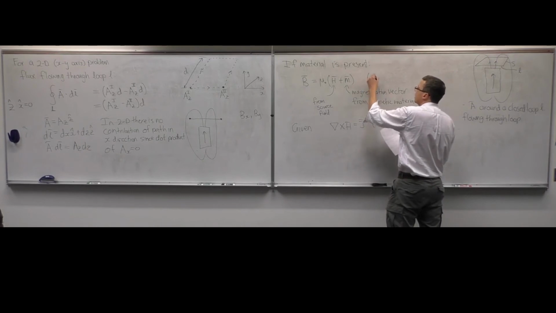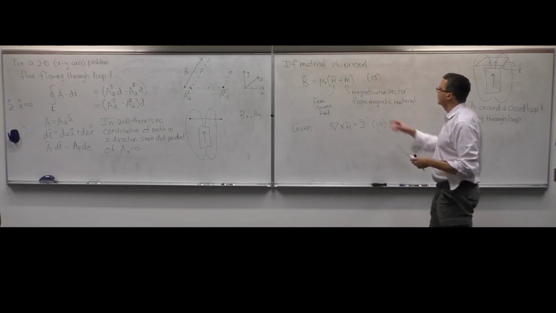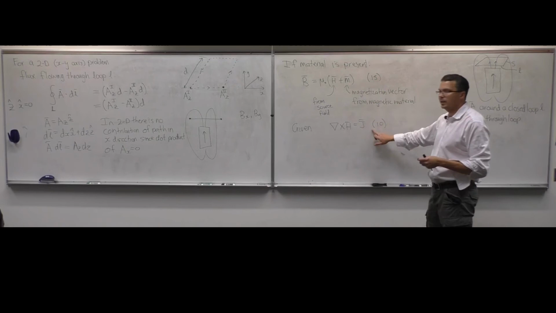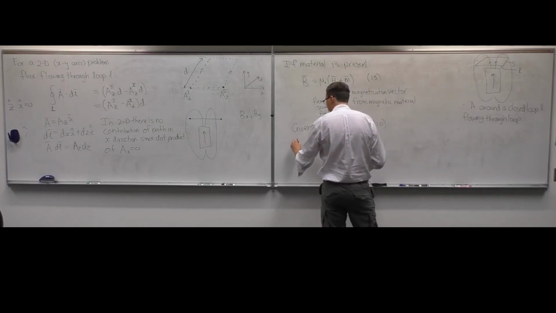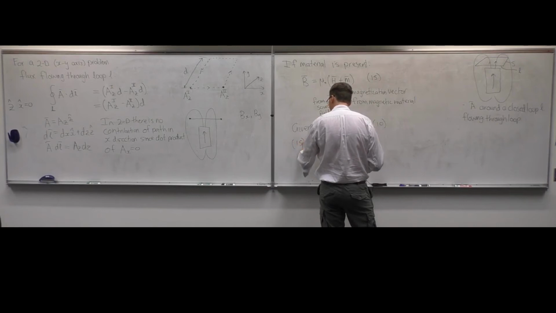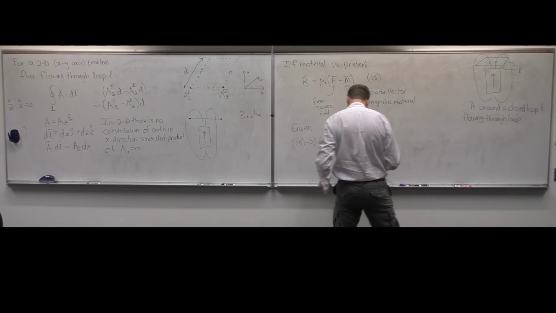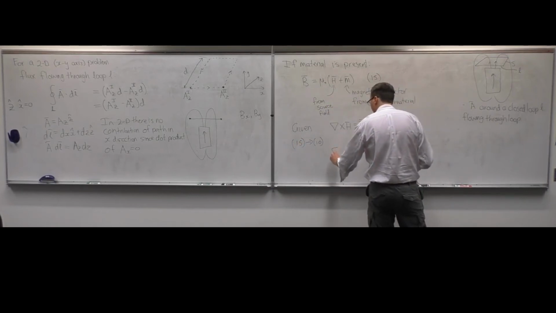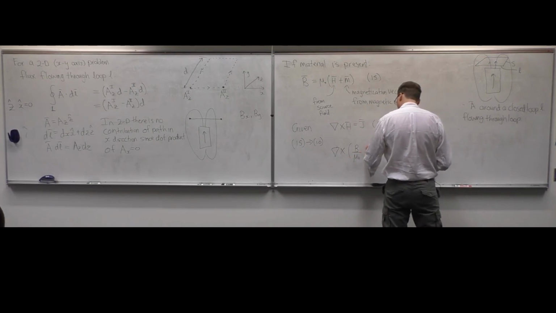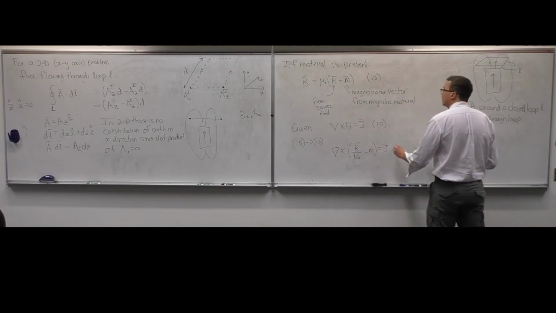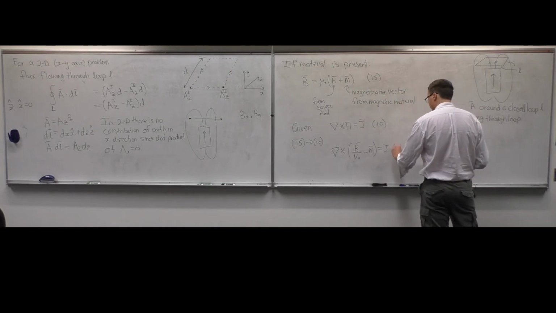So we can rearrange 15 and substitute it into 10. That will then give us del cross (B divided by mu naught minus M) is equal to J. So that's 16.